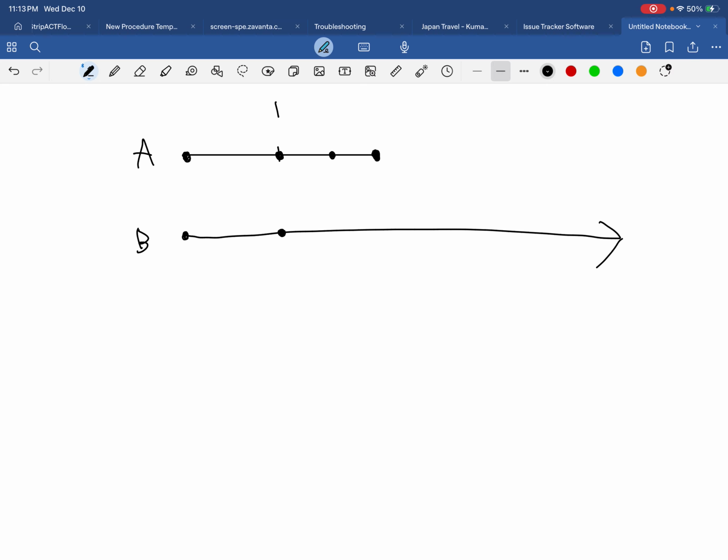And line B moves at a constant speed along the infinite line. So it goes 1/2 a meter again in that second. On the third second, it goes halfway again, and this goes 1/2 a meter. Halfway, 1/2 a meter.